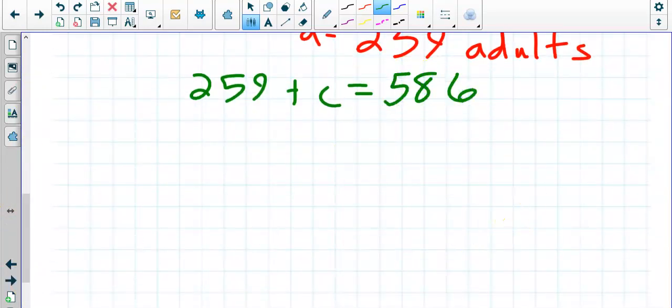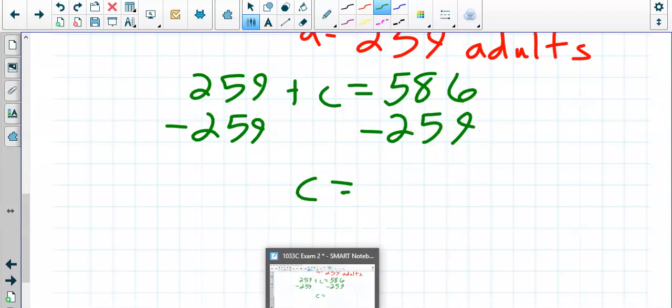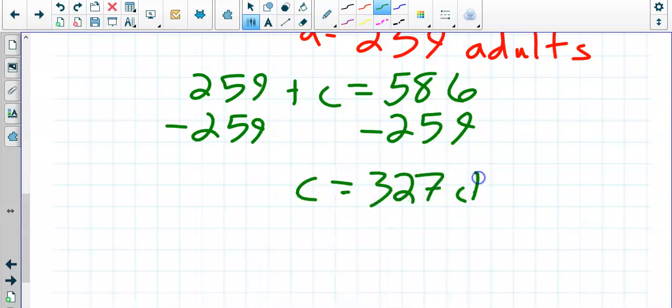So what do we do to solve? So C equals what? There we go. 327 children.